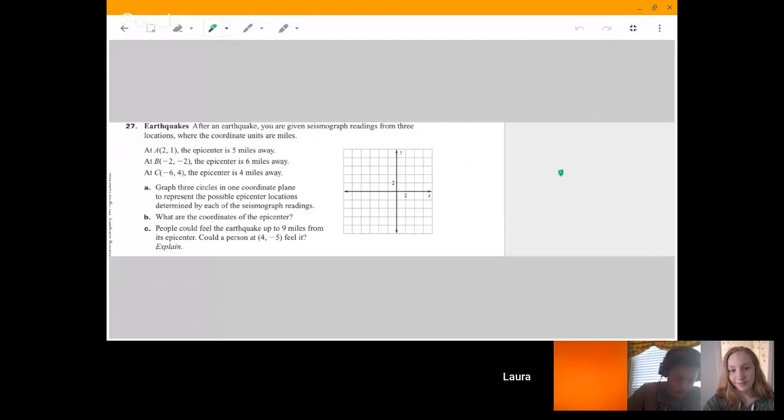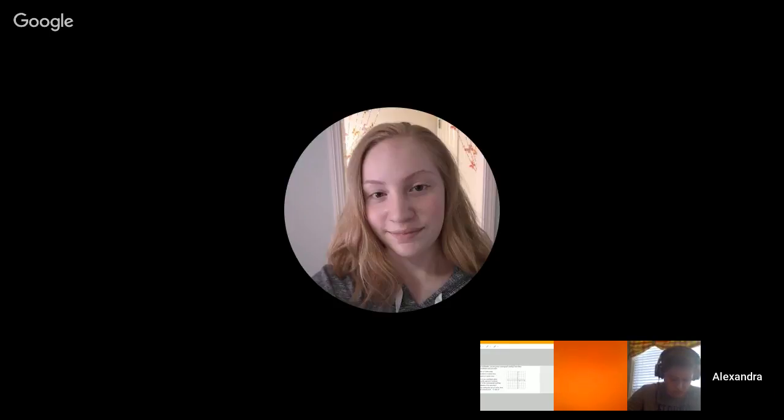Let's just say here's a point where you feel the earthquake, and it says that the epicenter is 5 miles away. It could be 5 miles this way or this way or this way or this way. You're not sure which direction it's going. So if you make the point they give you the center, I think that'll be the best way to go about it. Does that make sense?